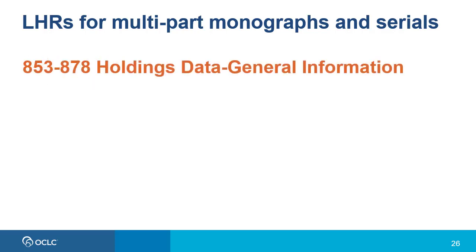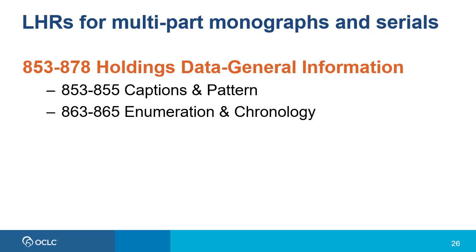Next, I want to talk about 4 related sets of fields for multi-part monographs and serials for recording information about the items actually held. Captions and patterns and enumeration and chronology fields make up what is known as coded pairs, and these would be entered in 853, 855 for the captions, and 863, 865 for enumeration and chronology.